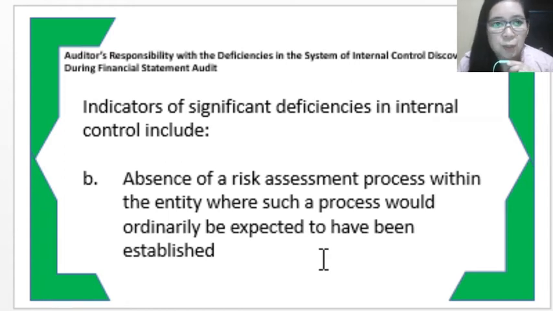Okay, another indicator is the absence of a risk assessment process within the entity, where such a process would ordinarily be expected to have been established. So basically, aside from the internal controls, the management should also establish a risk assessment process. We've mentioned this before, because this might include business risk, which will have a great impact on the entity's business operations as well as their financial statements.